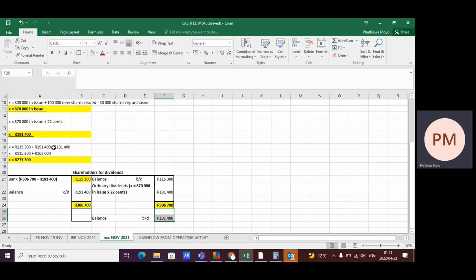So this is the 115. I was just working on the 115. The calculation for the 115 if you wanted to use a ledger.